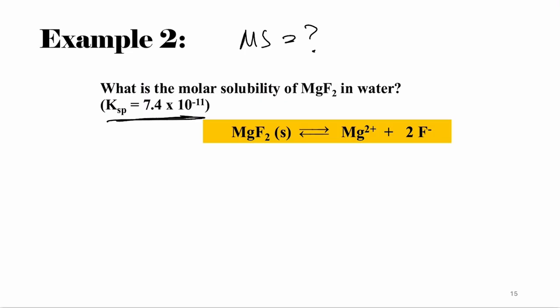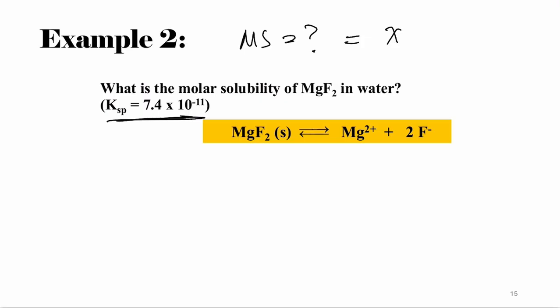What was the realization for that one? It was equal to x, right? So this was equal to x, which is the amount that's dissolved at equilibrium, because we start off with just all solid.